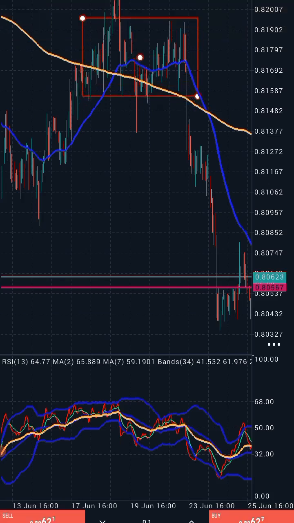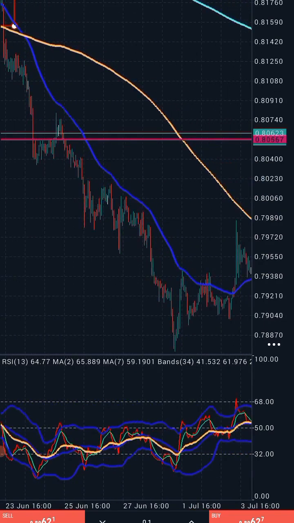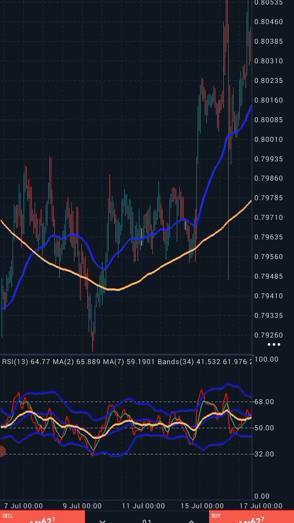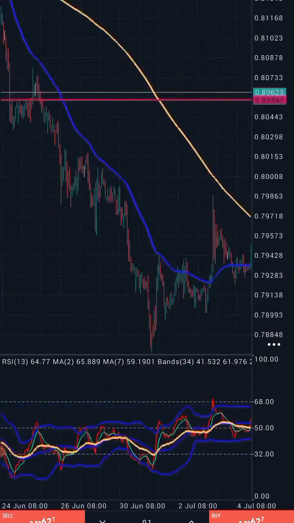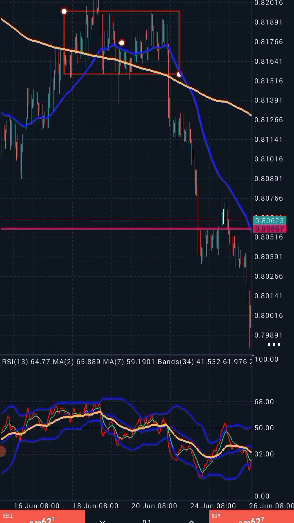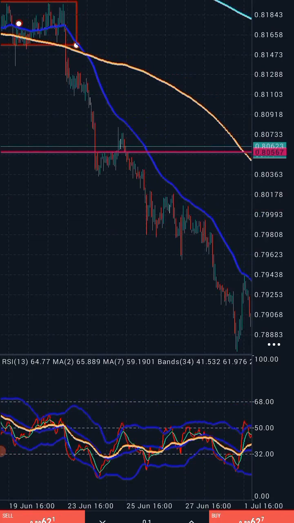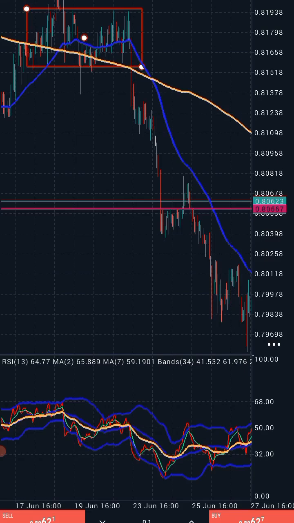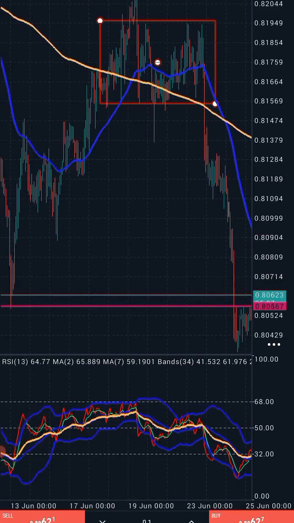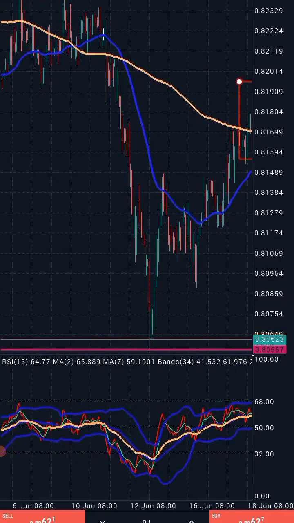Now, look at here. There was a breakout downward. We saw a breakout downward, and then after a while it began to go up in order to respect this particular breakout here. So that is how it is.